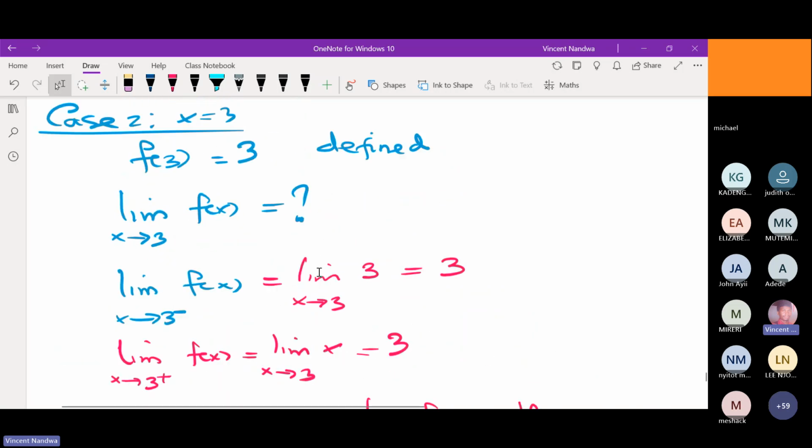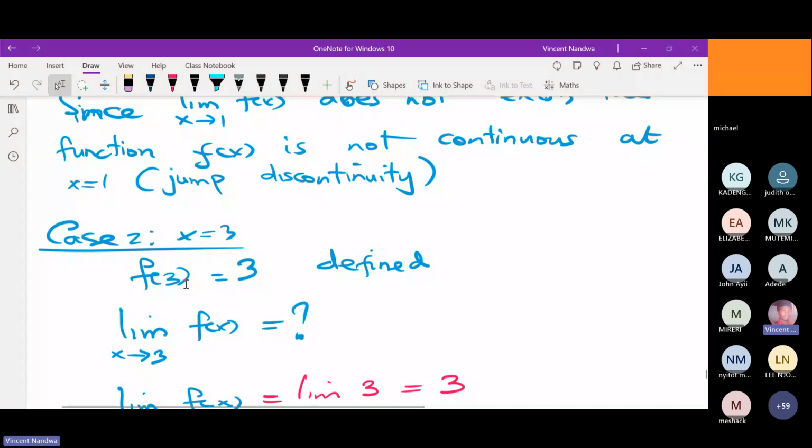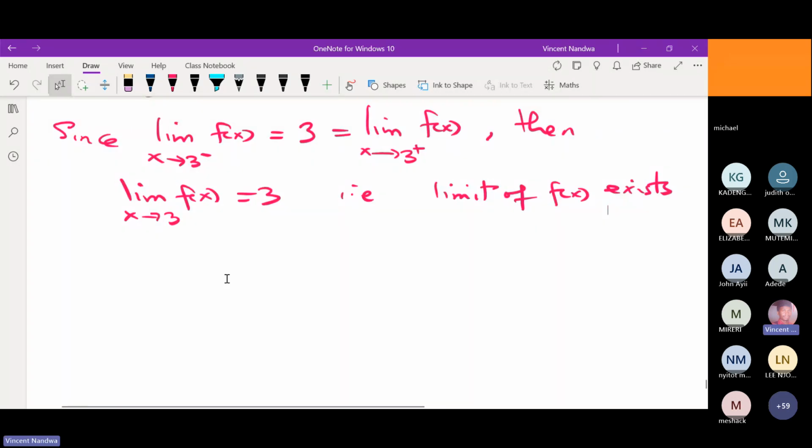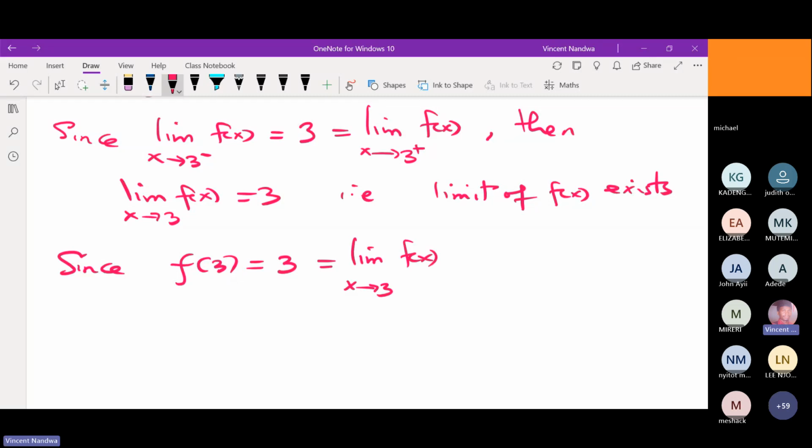And we also saw that the value of the function at x equals to 3 is 3. So since f of 3 is 3, which is the same as limit as x approaches 3 of f of x, what will be the verdict about that point?